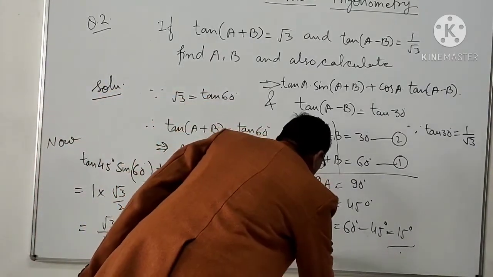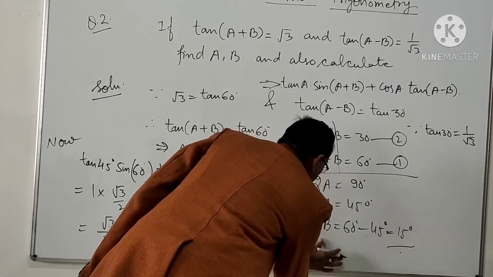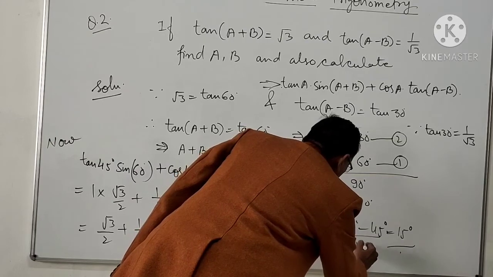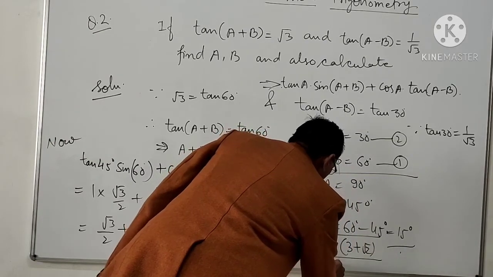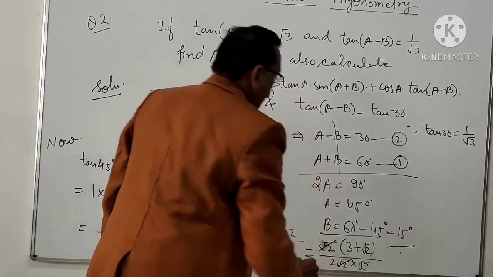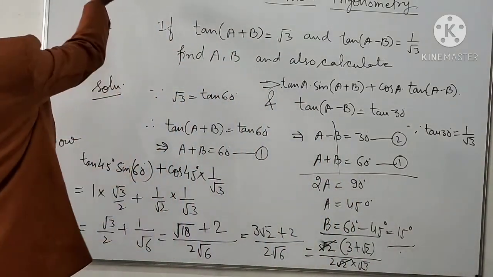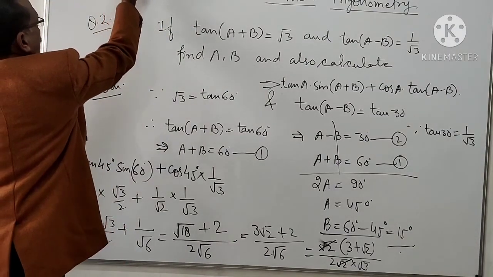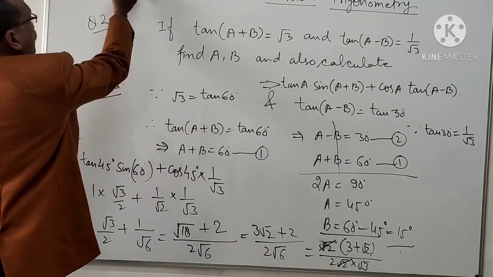Student, root 2 is common. Then it is 3 plus root 2 upon 2 into root 2 into root 3. Root 2 cancels. So, value of this term is 3 plus root 2 upon 2 root 3.